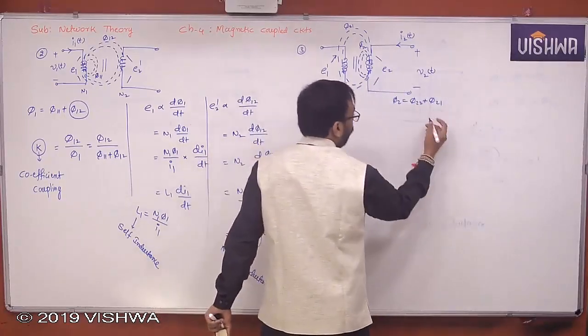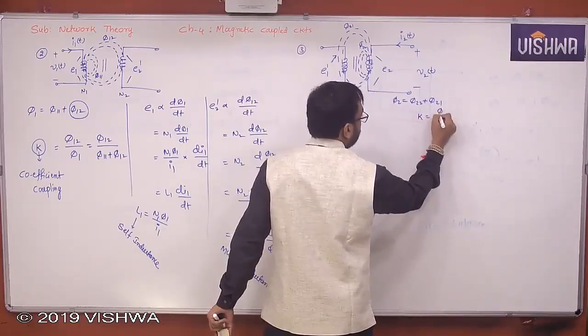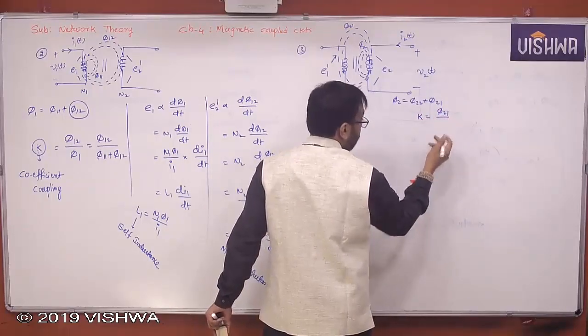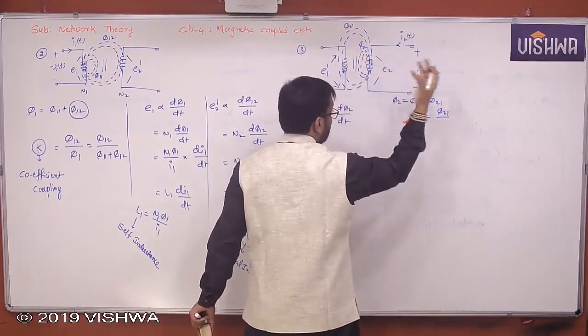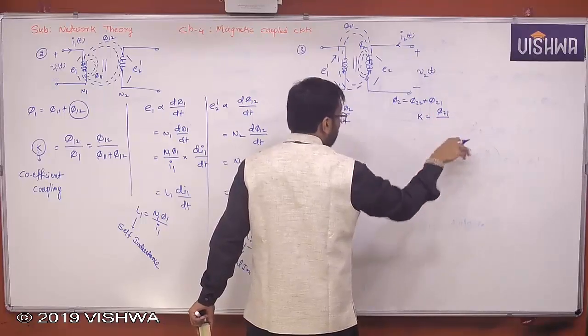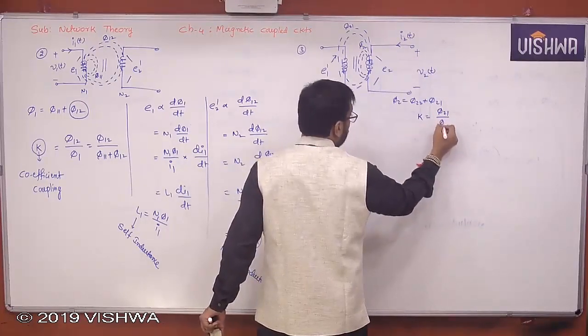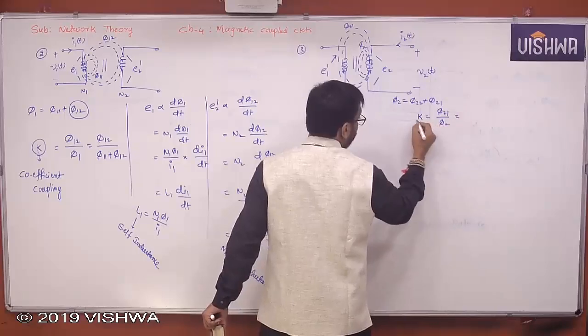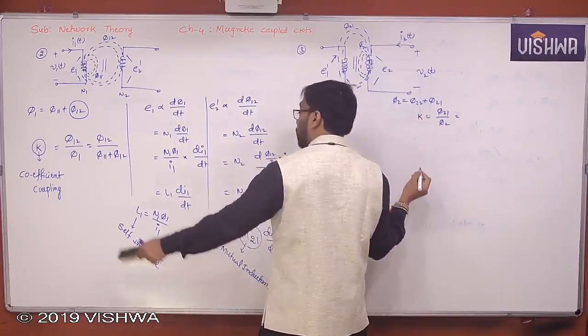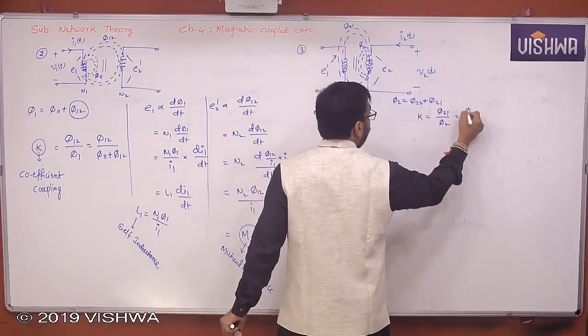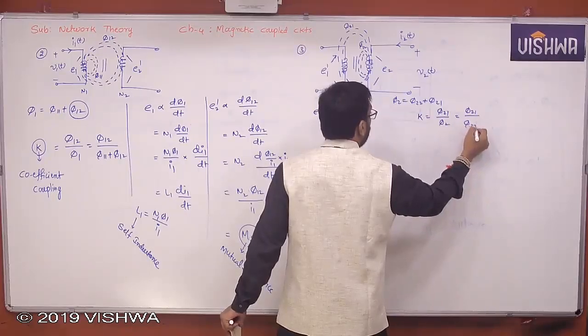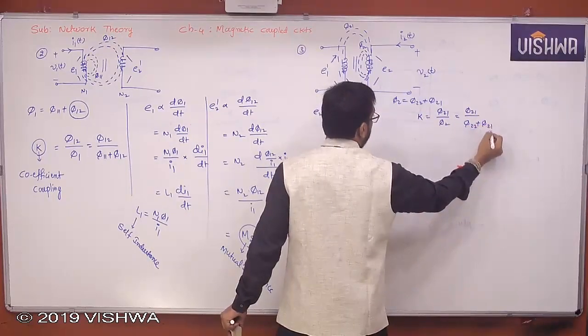And I also told you the ratio of phi 2 1 to phi 2, that is, how much of the flux is linking with the primary when the secondary is excited, expressed as a percentage of phi 2. This is nothing but what I told you already: the coupling coefficient, phi 2 1 by phi 2 2 plus phi 2 1.